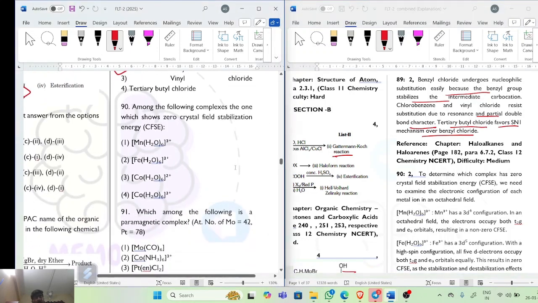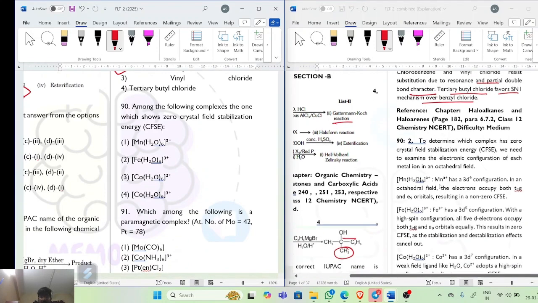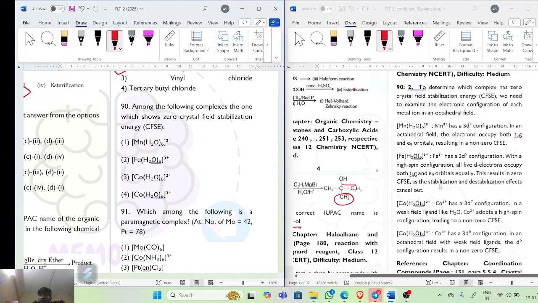Now question number 90. Among the following complexes, the one which shows zero CFSE value. To determine which complex has zero CFSE, we need to determine the electronic configuration of each metal ion. First of all, we calculate the oxidation state. Mn clearly has a +3 oxidation state, so the configuration will be 3d4.